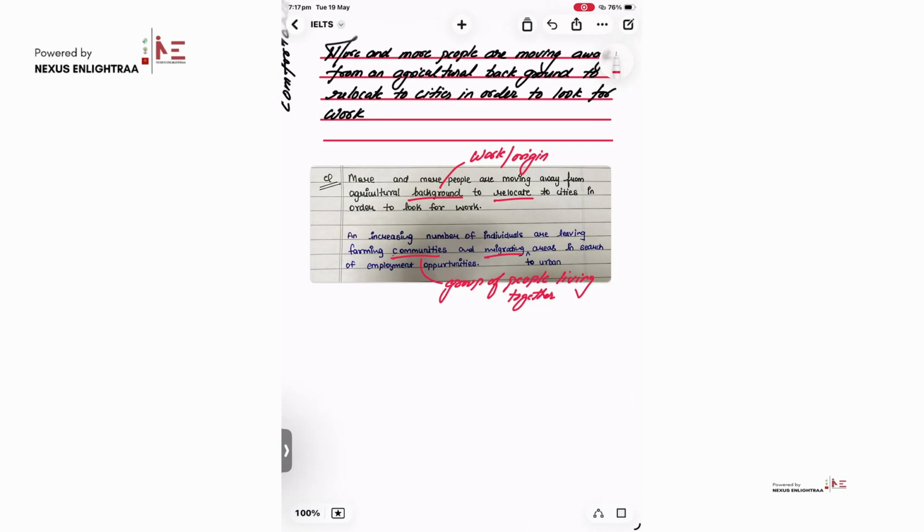Yes, sir. So, what is the difference between relocate and migrate? Migrate is when you're leaving one place and moving to another.